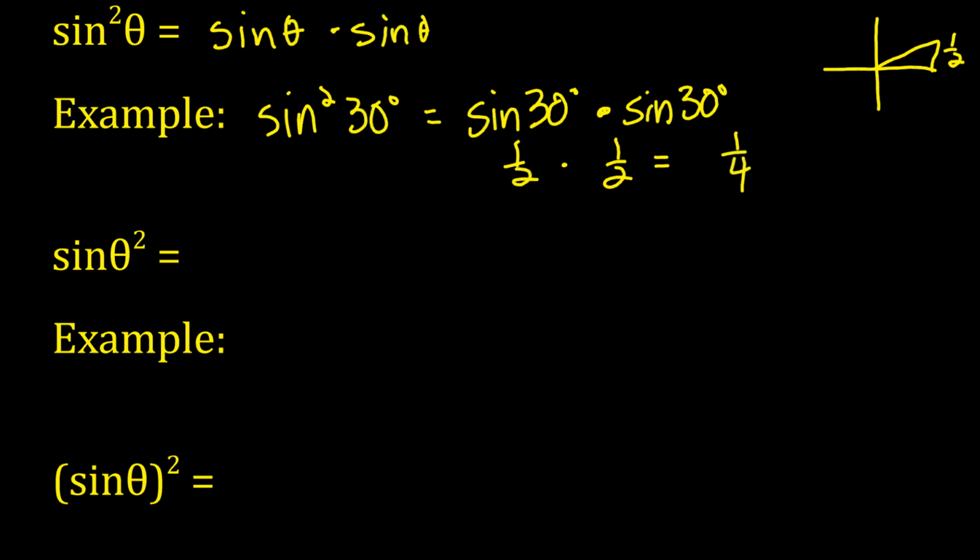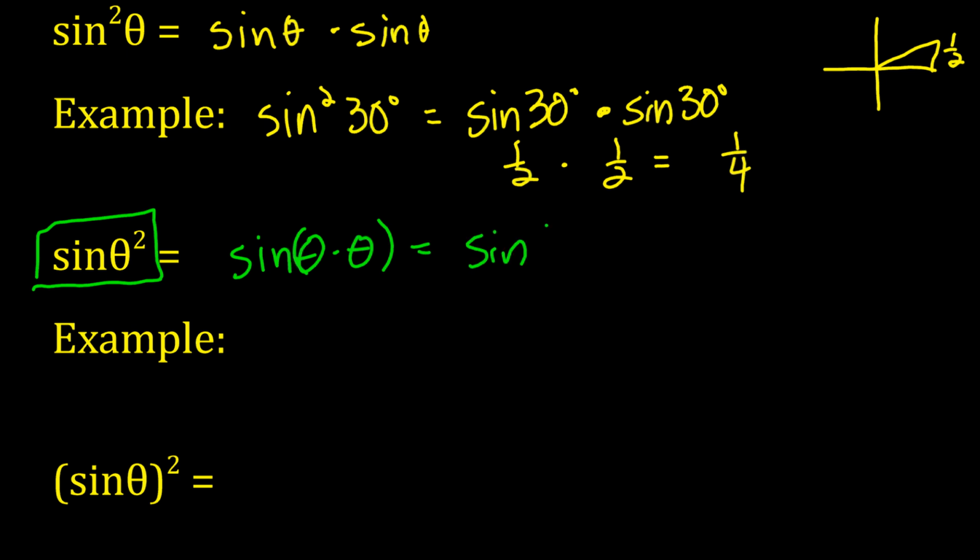What's the difference between that and sine of theta squared? Well, what this one is saying is you're squaring theta. You're not squaring sine in this case. An example would be sine of 30 degrees squared.